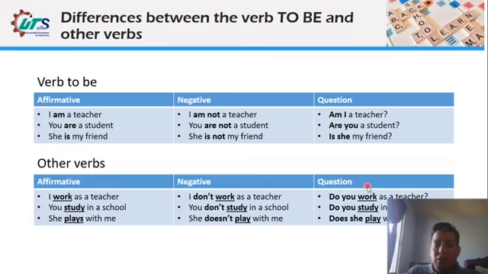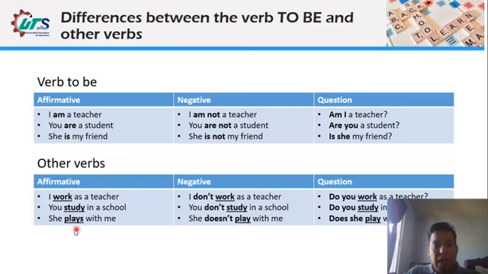Okay. Finally, with questions. All the questions start with do or does. Do you work as a teacher? Do you study in a school? And does she play with me? Does, remember, third person. And check the verbs work, study, play.